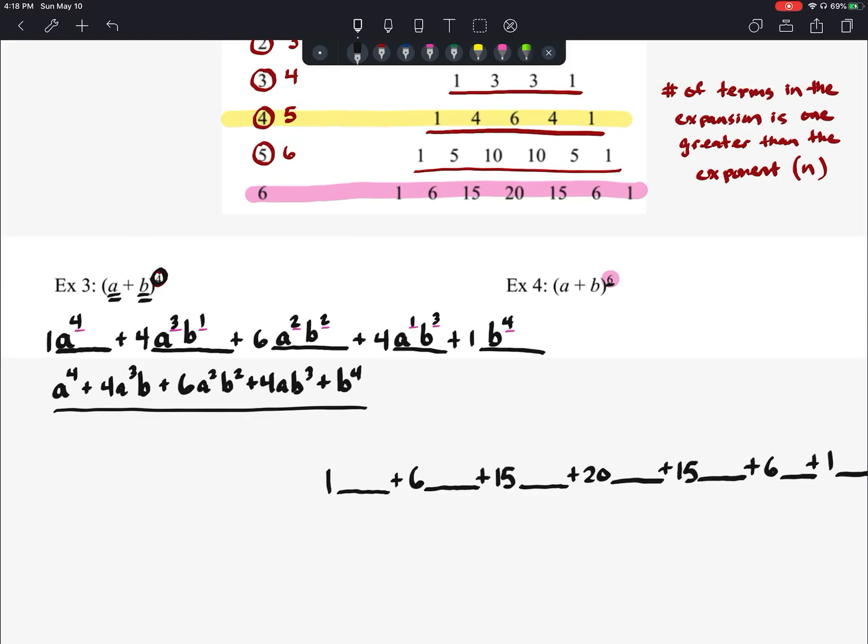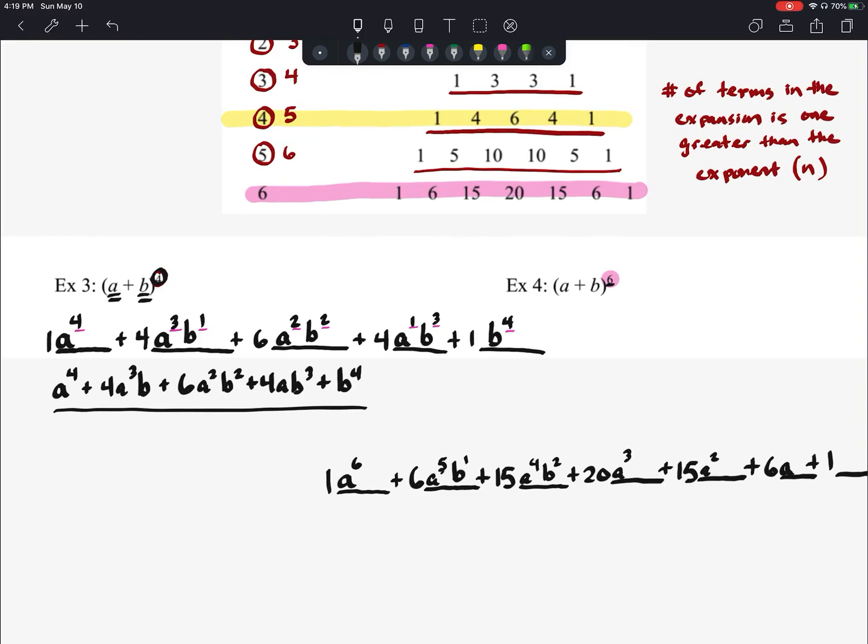My a values then, my first exponent on the a, we're talking about 6 degrees, so this would be a to the 6th, a to the 5th, a to the 4th, a to the 3rd, a squared, a to the 1st, and then we won't have an a in the last one. And then we're going to do our b's, and they're going to count. So the first one would be b to the 0. I can do b to the 1st, b to the 2nd.